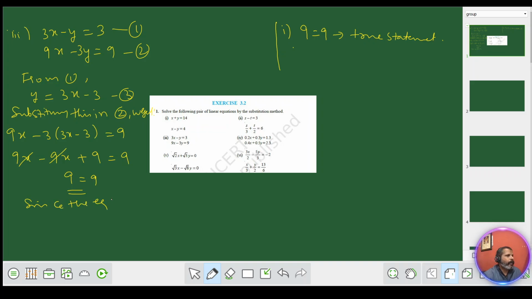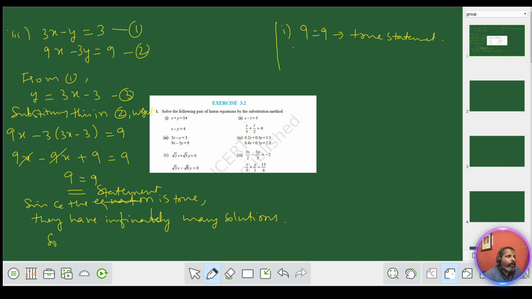Since the statement is true, they have infinitely many solutions, so we cannot find specific values for x and y.